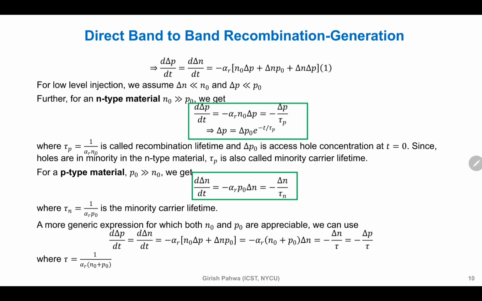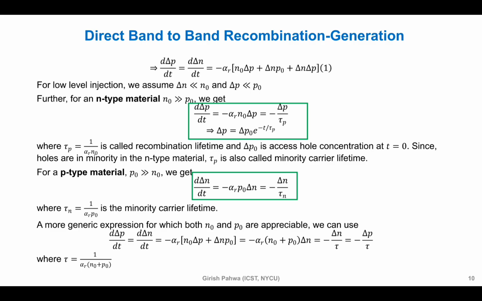Now, what do n naught and p naught depend on? Doping. So for direct band-to-band recombination and generation, the minority carrier lifetimes depend on doping. If I increase the doping, what will happen? Tau will reduce. So whenever you have a large doping, your recombination rate will increase.